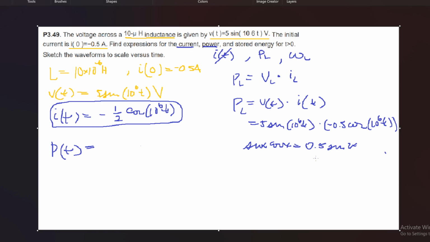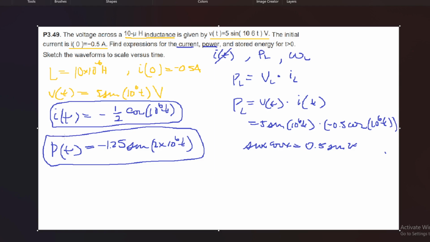So in the end, it should leave us with negative 1.25 sine of 2 times 10 to the 6t. And that gives us our power.